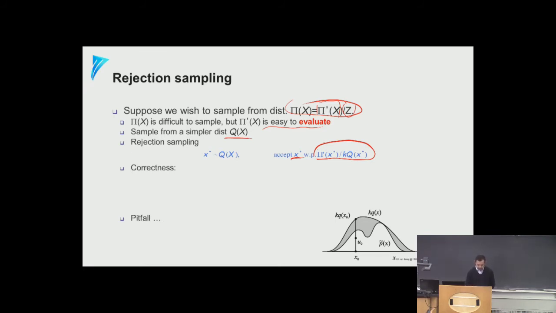Okay, it's the ratio between the unnormalized part of the given distribution over a constant times that sampling proposal distribution. And I claim that with these two steps, you are going to get x star actually coming out of pi x.